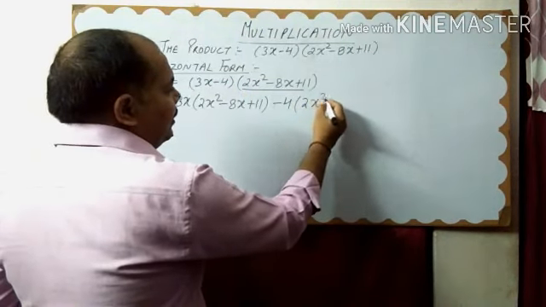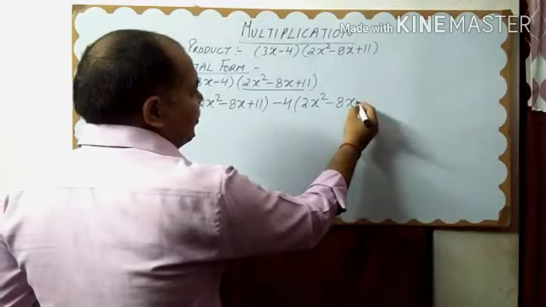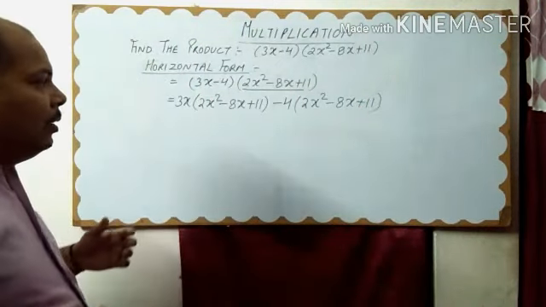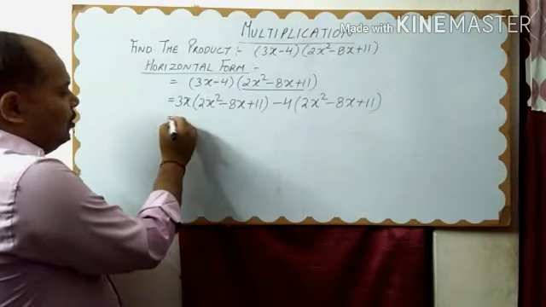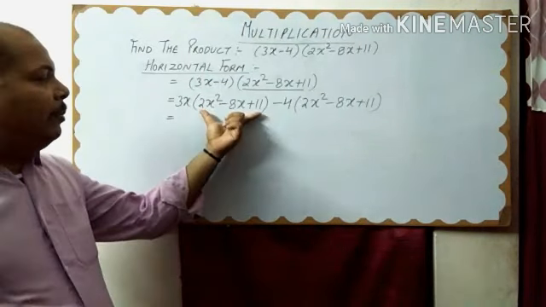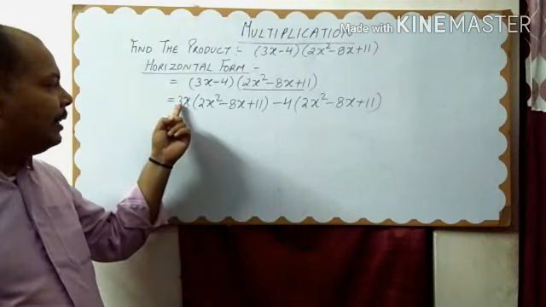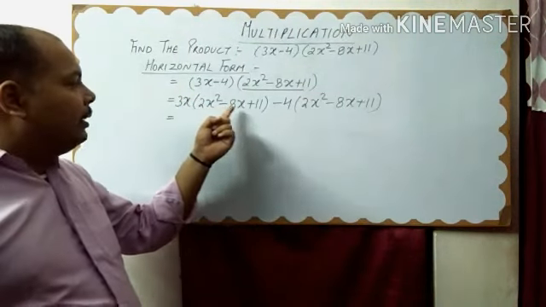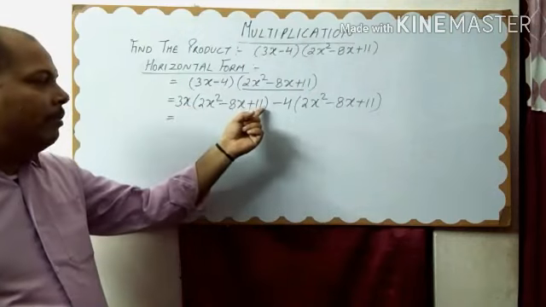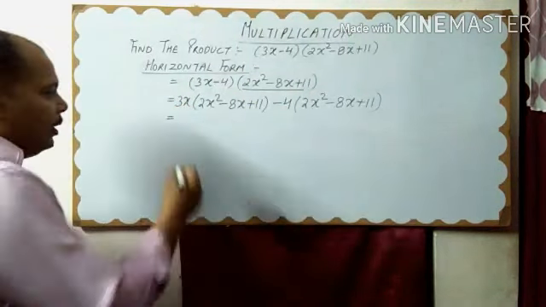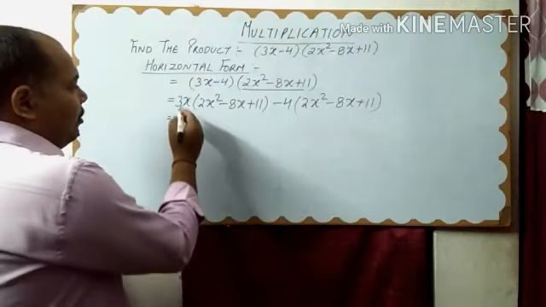We will write like this. Okay. Now we will multiply all these 3 terms by 3x. First we multiply 3x by 2x square, then minus 8x by 3x, then plus 11 by 3x. Same here. Okay. So see here how we multiply.